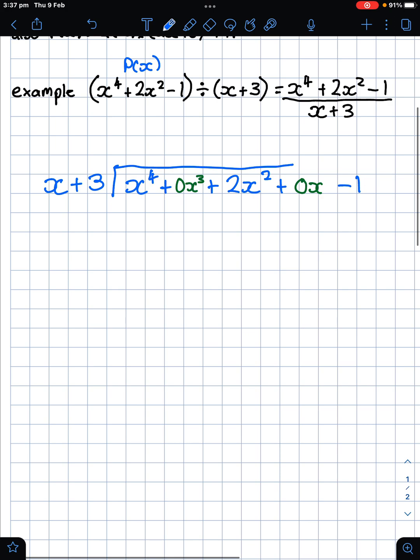All right, the first thing we've got to do is consider this x term. x times what is going to give me x to the power of 4?